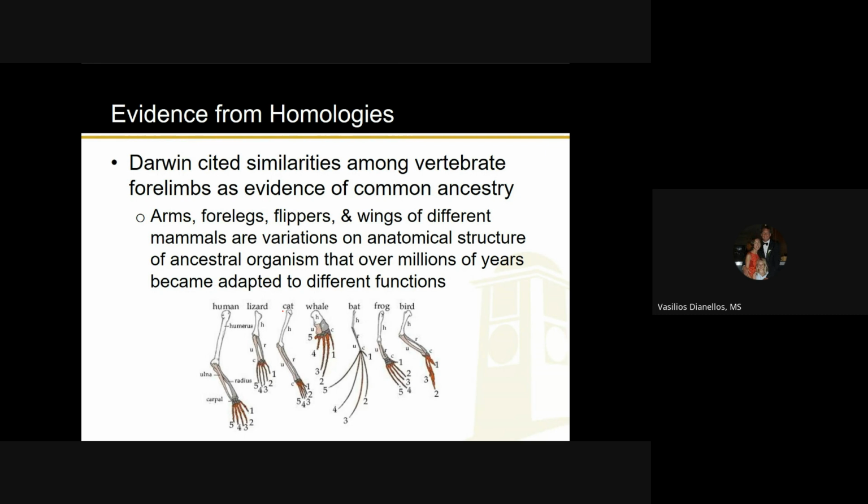All right. Darwin cited similarities amongst vertebrate 4 limbs as evidence of common ancestry. Same thing I was just talking about, right? So again, 4 limbs would be arms, 4 legs, flippers, wings, depending on the kind of mammal you're talking about. So we all have them. Well, not we all, but all tetrapods have them, right? And they're all similar but different because we have a common ancestor that was millions, probably billions of years ago.